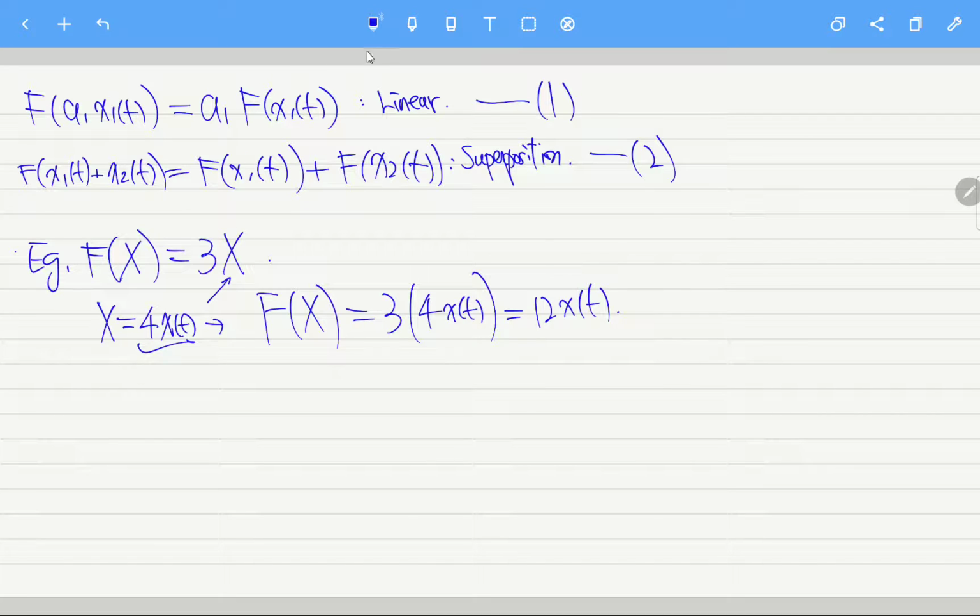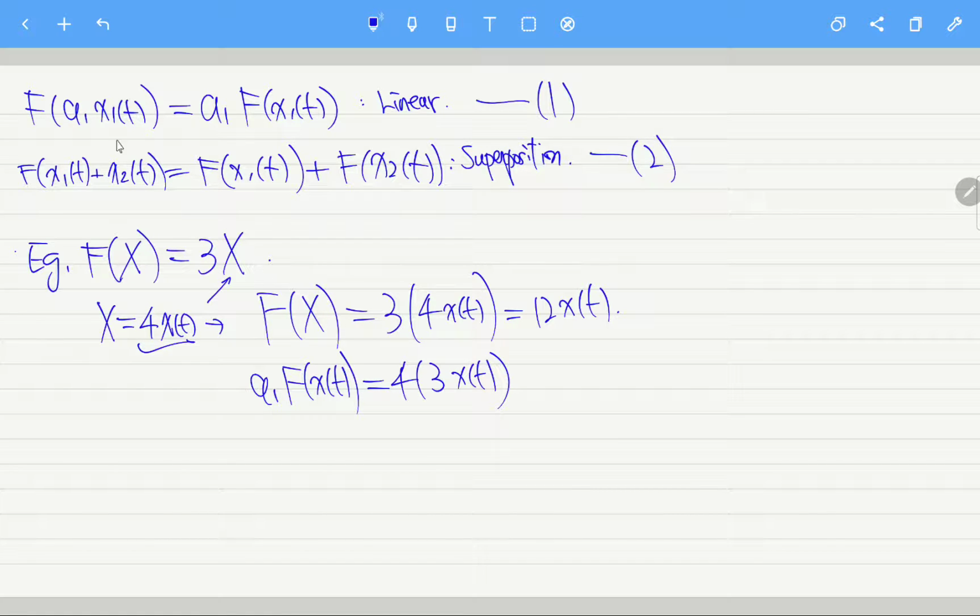If I put it on the right hand side, it will be a1 f of x of t, which is like 4 times 3 x of t, something like this. Yeah, because here we have a1 to be 4.